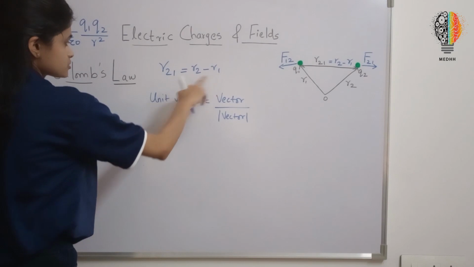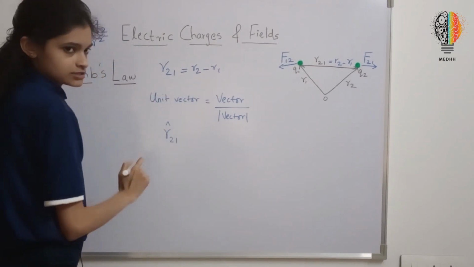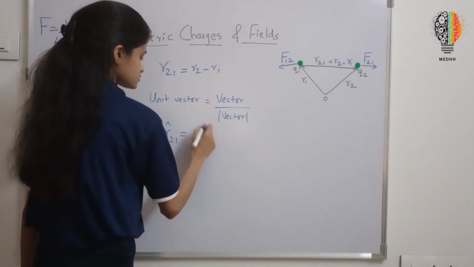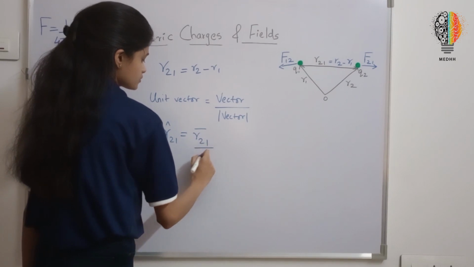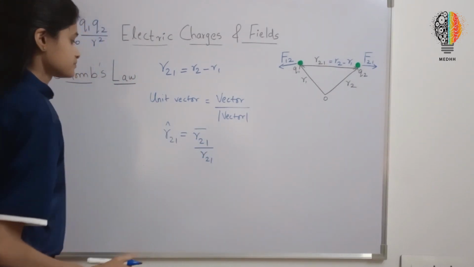So R21 cap indicates the unit vector. R21 cap is equal to R21, this is the vector, upon the magnitude of R21.